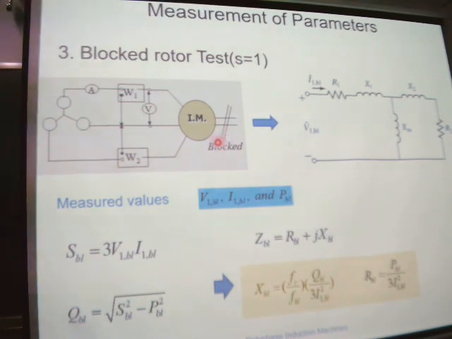In this situation, the slip is 1. So R2 over S is R2 itself.